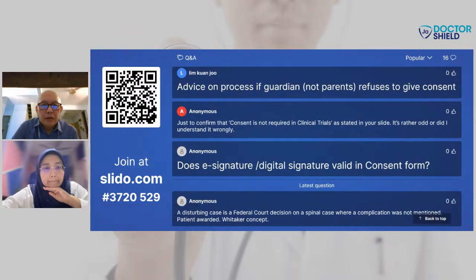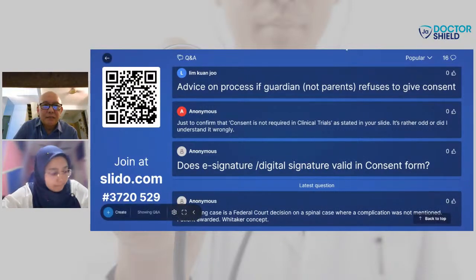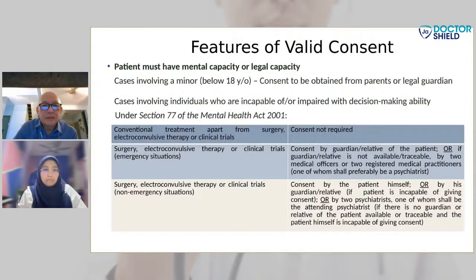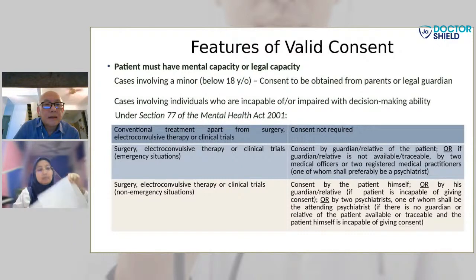Okay. Confirm that consent is not required in clinical trials is stated in your slide. I may have missed that part. What's your comment about the slides? I don't see anything about not required.